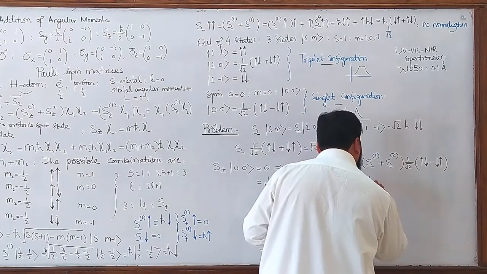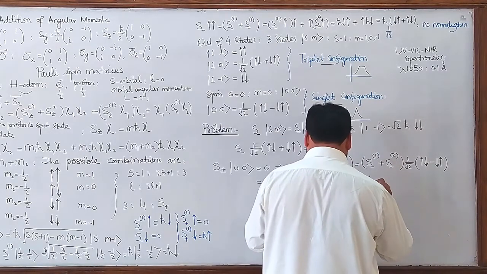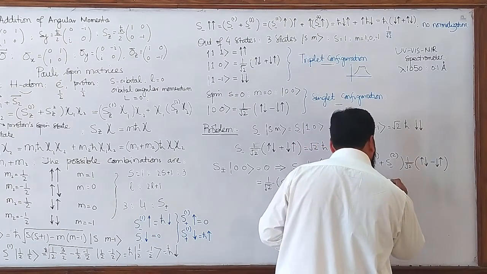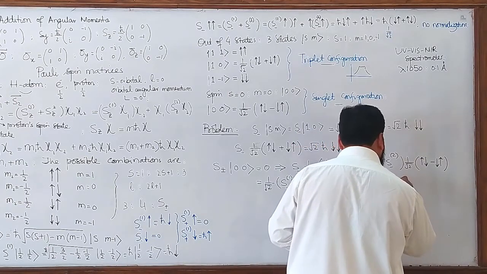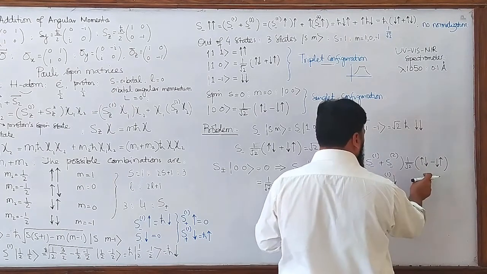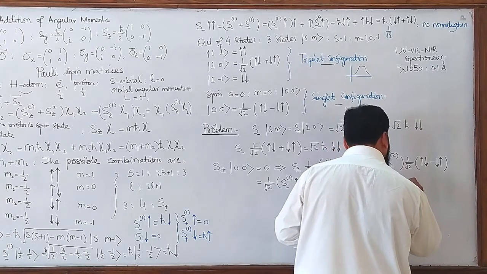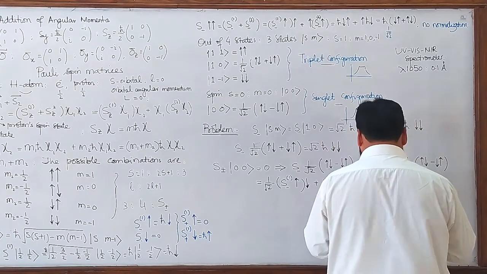So minus 1 over 2, and it will be S minus 1 and it will be on the down because this one is down and this will remain with it.